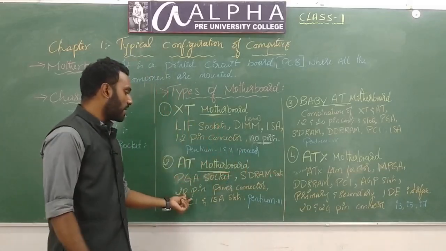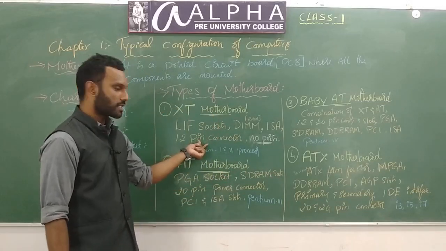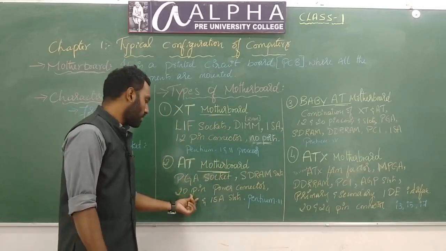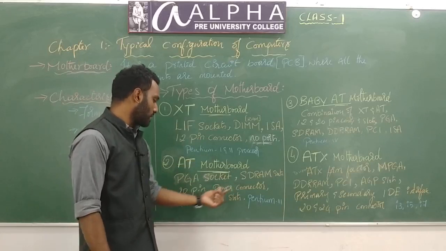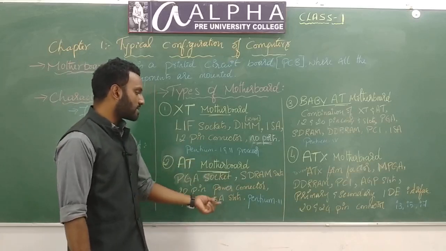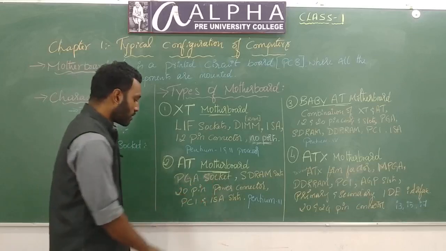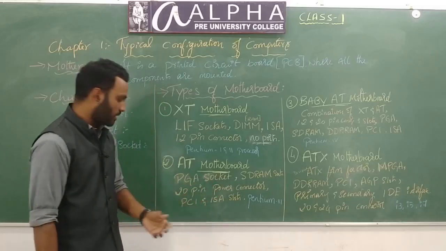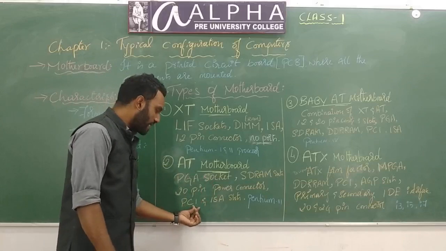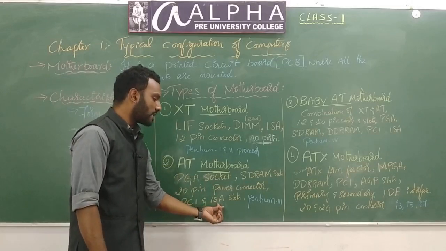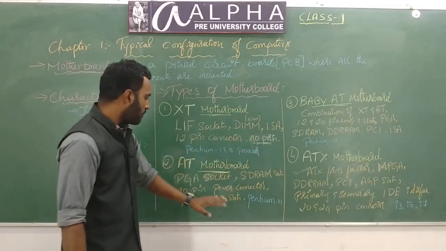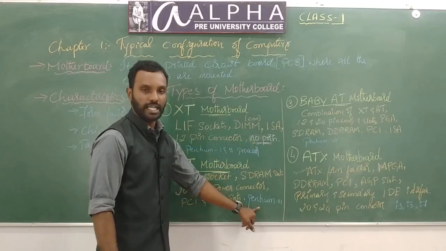It had 20 pin power connectors, where the earlier had 12 pin connectors, and PCI and ISA slots. PCI, peripheral component interconnect. Full forms are very much important. ISA, industry standard architecture slots. An example for AT motherboard is Pentium 3.